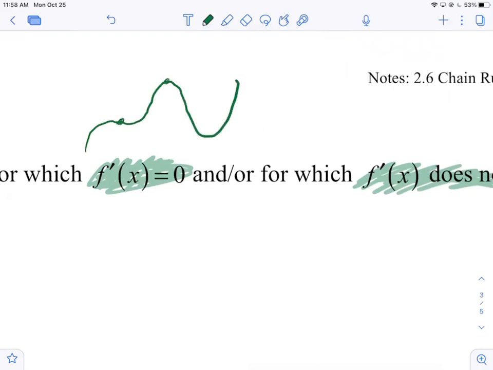Notice right here, and right here, we have tangent lines that are horizontal, horizontal, horizontal, horizontal. And of those 3 x values, notice 2 of them are local extrema, local max, local min. The other one, the first one, is not, but it's a potential place. So finding those values that help us maximize or minimize quantity is very important.